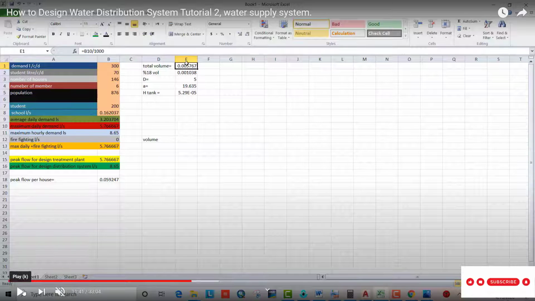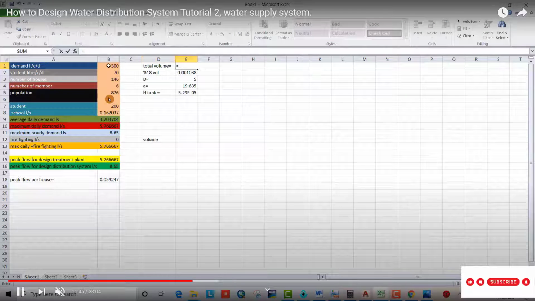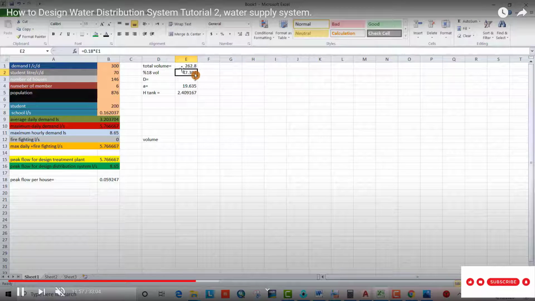Total volume of water equals demand multiplied by population, that is the demand in liter, divided by 1000, it will be in meter cube. So daily we need 262.8. So if we use 0.18 volume, the volume of tank will be 47, but I prefer to use 0.30 of total volume. So I change the formula.